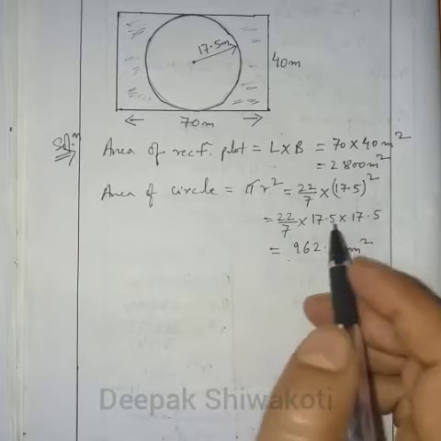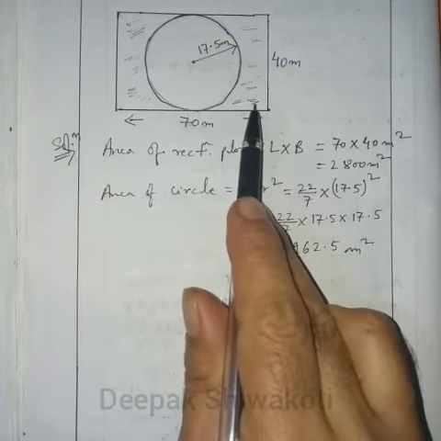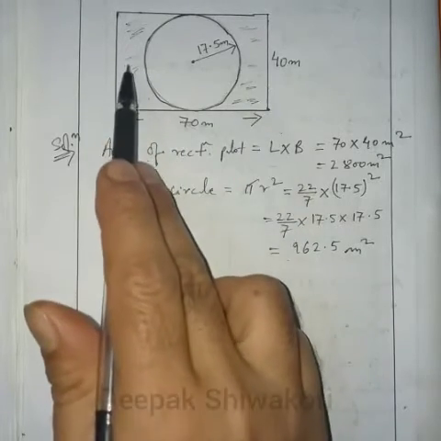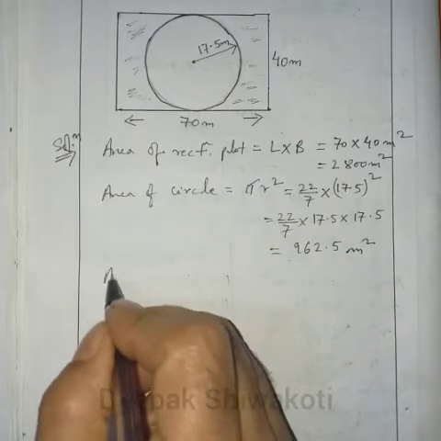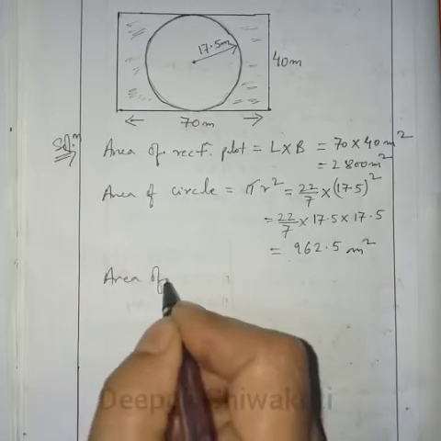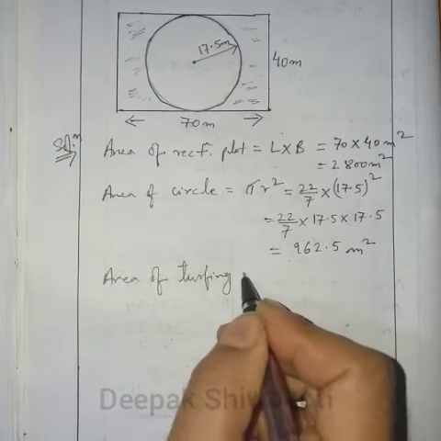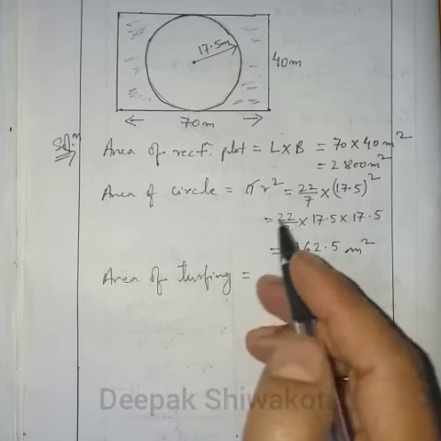And now if we subtract the area of circle from the area of rectangle, what we will get? We will get the remaining area, that is for turfing. So the area of turfing will be equal to the area of rectangular plot minus the area of circle.